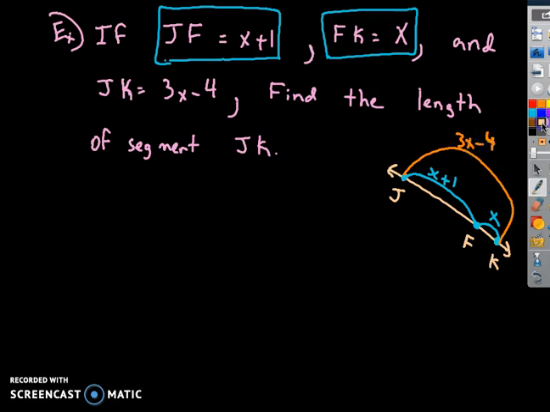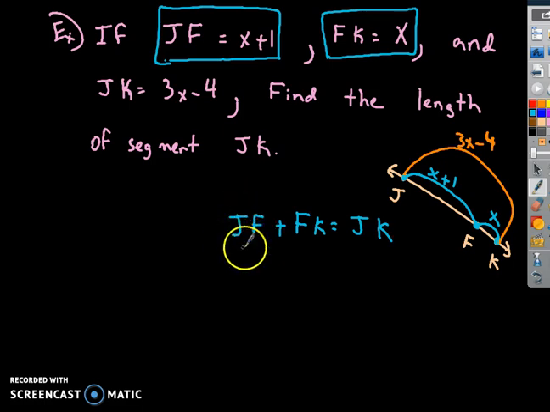So this is what we have. What I know for certain is that F is in between these 2 points. So I know from my last note on betweenness that JF plus FK, the shorter pieces, equals the whole segment JK. Now it's great that we know what each of these parts are.